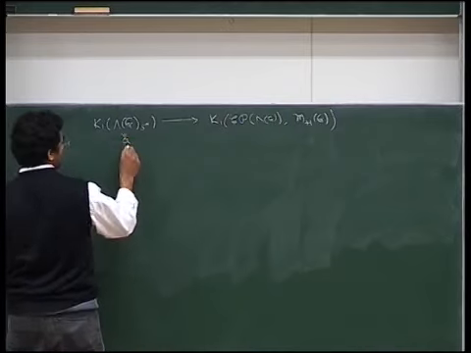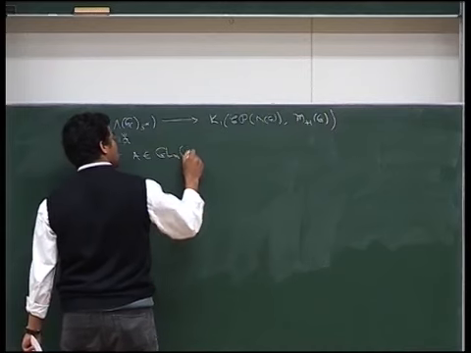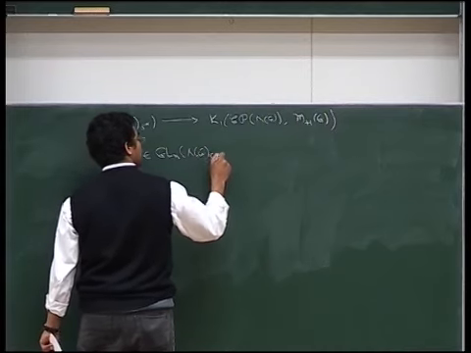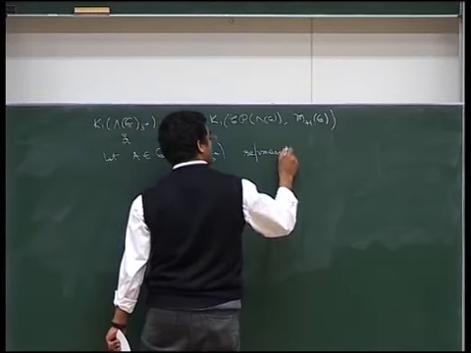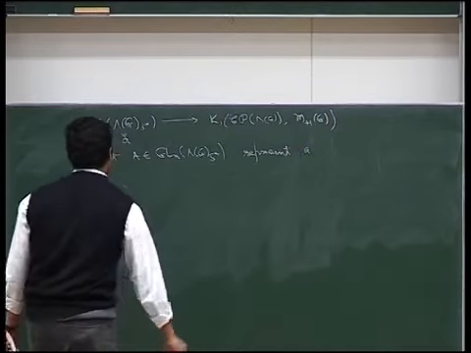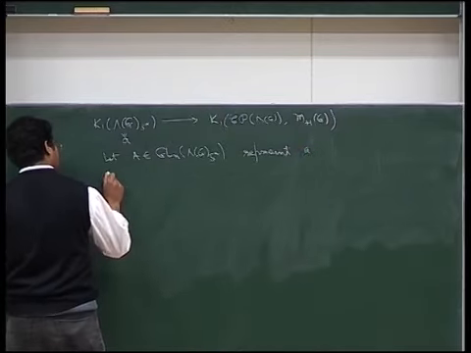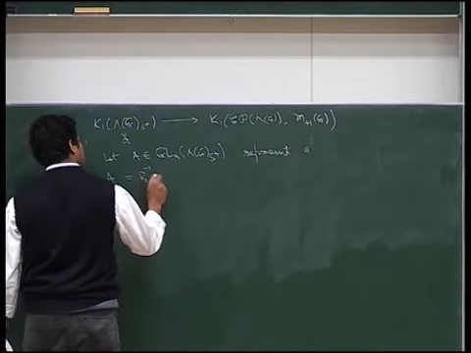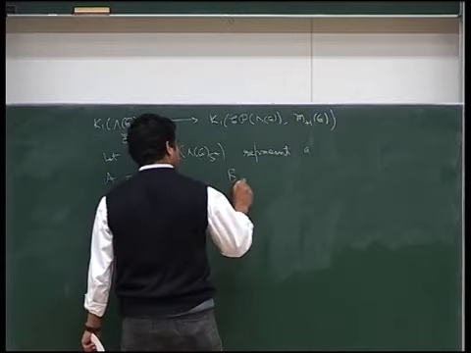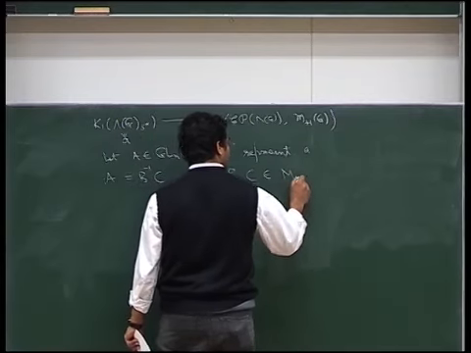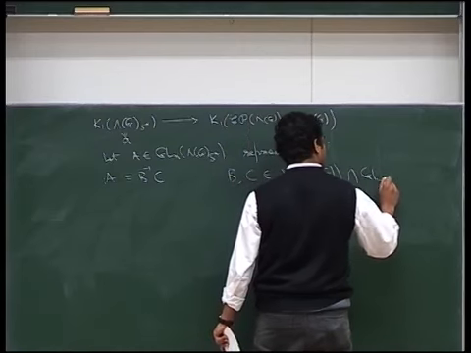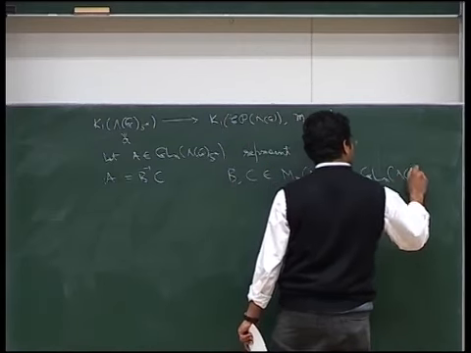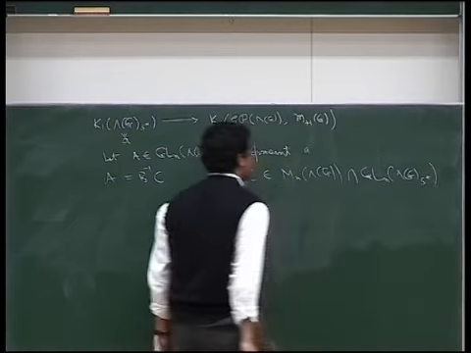Let A in some large enough GLN lambda G S star represent A. And again you write A as B inverse C, where B and C are in Mn of lambda G intersection GLN lambda G S star.